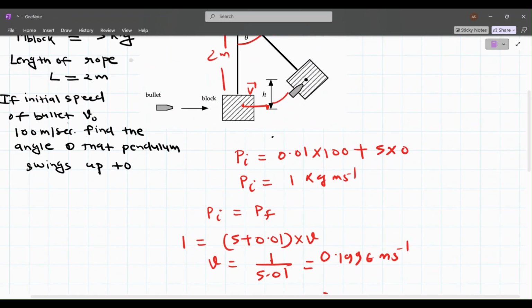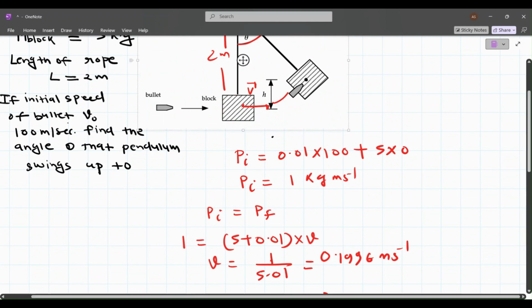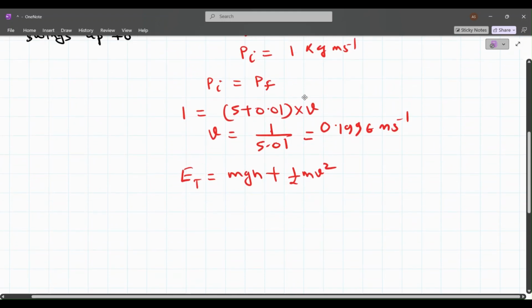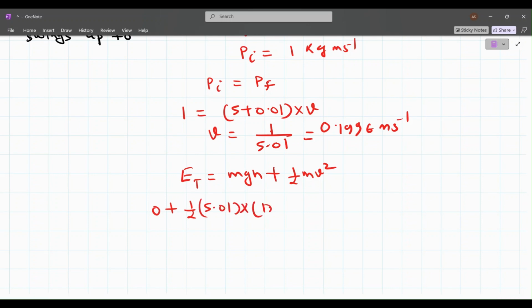So initially, when it's at the mean position, its initial potential energy is zero, and the kinetic energy is half times the mass, 5.01, times the square of the velocity, which is 0.1996 squared.